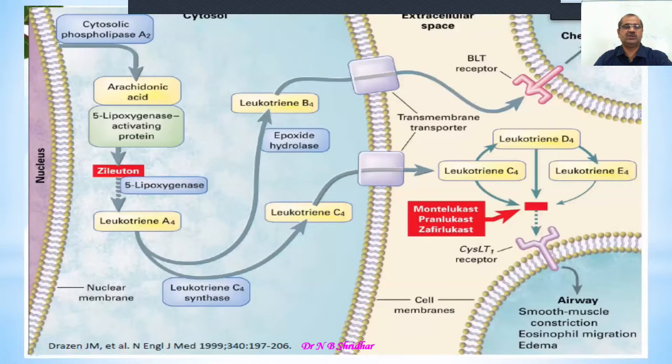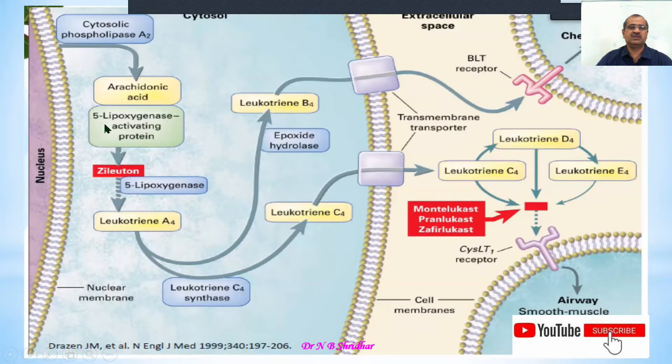Here also a similar type of chart is prepared, and some drugs like Zileuton are going to act at different sites. Here you can see the nucleus and cytosol of a leukocyte, whereas the cytosolic phospholipase A2 will convert membrane phospholipids to arachidonic acid.